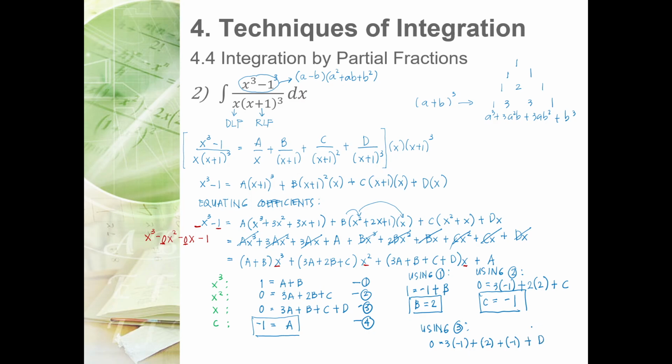So negative 3, negative 4, then d is equal to 2. So that's how long the partial fraction decomposition is. So that's the partial fraction.